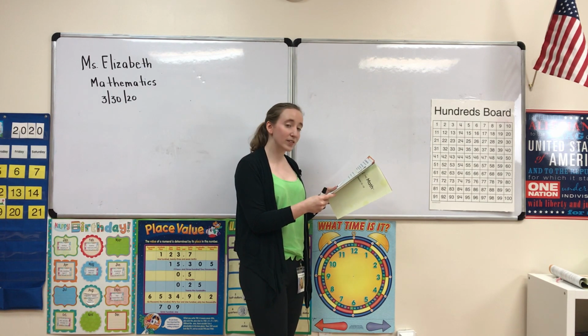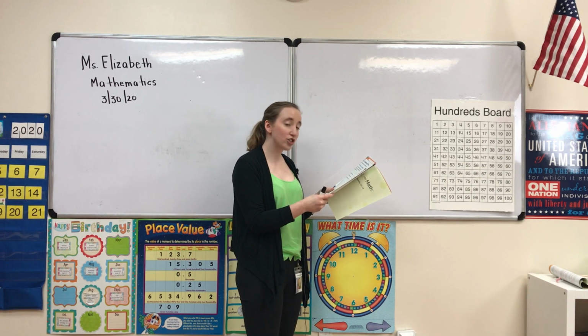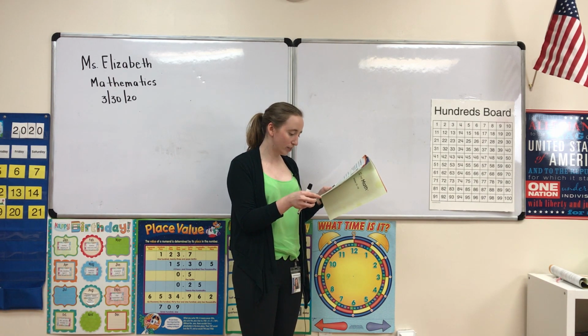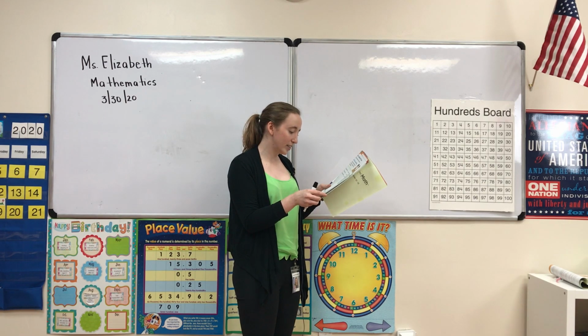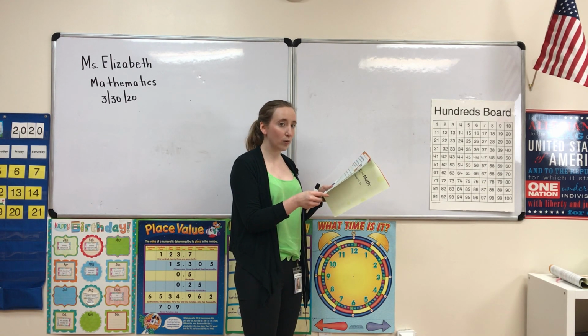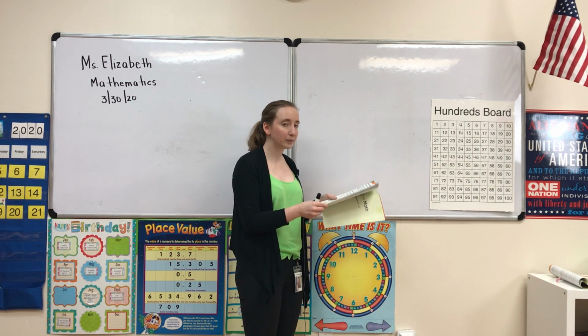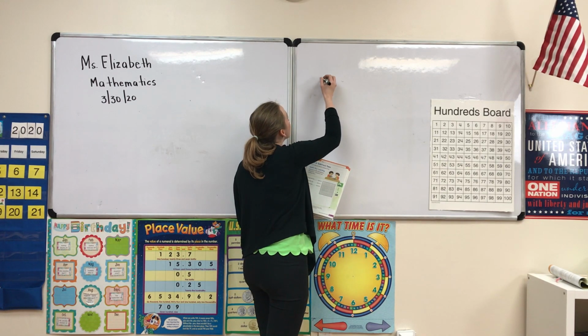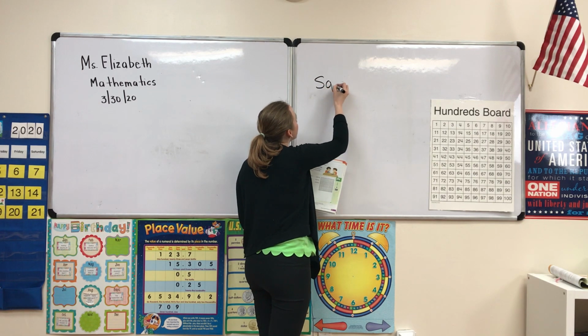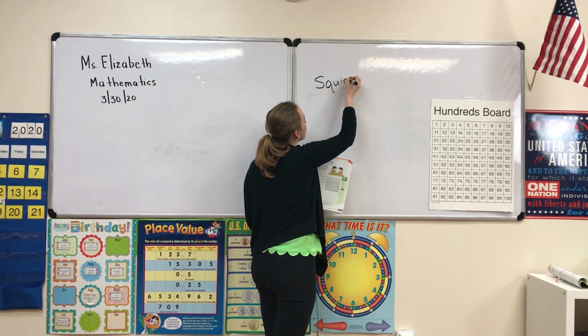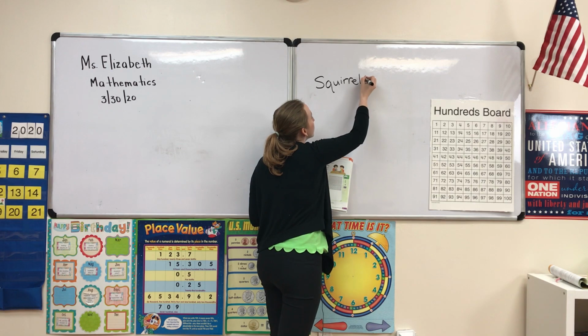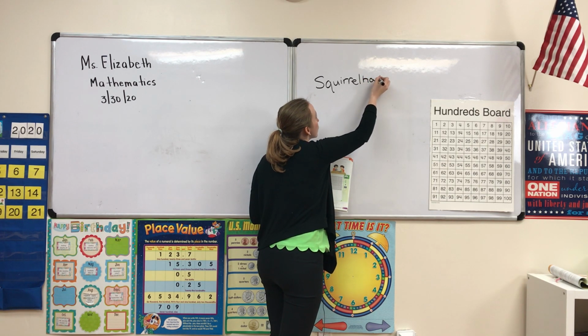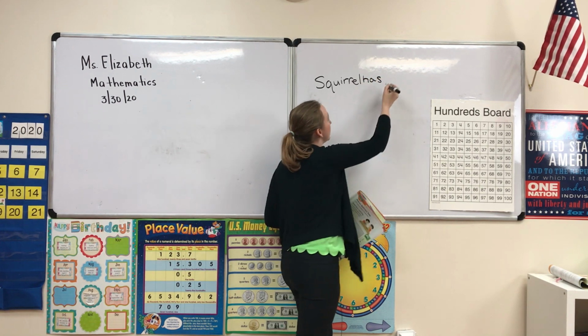A squirrel counts 50 acorns. She gathers 30 more acorns. Then she buries 60. How many acorns does the squirrel have now? All right, so we know to start off, the squirrel has 50.